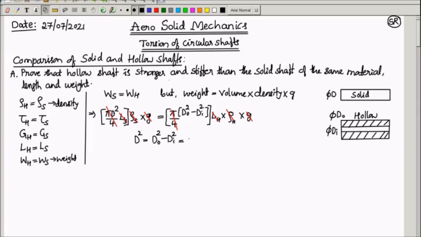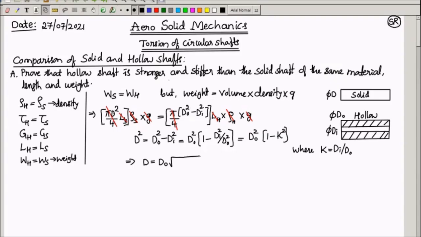And if I take dO square outside, comes 1 minus di square divided by dO square. Let us call this dO square into 1 minus k square, where k is equal to di by dO. Or I can say d is equal to dO root 1 minus k square. So we got a relation for the diameters of these two shafts in terms of diameter ratio of the hollow shaft. Let us call this equation 1.